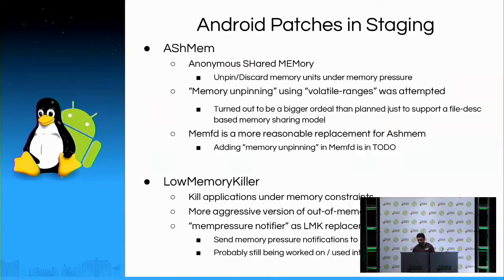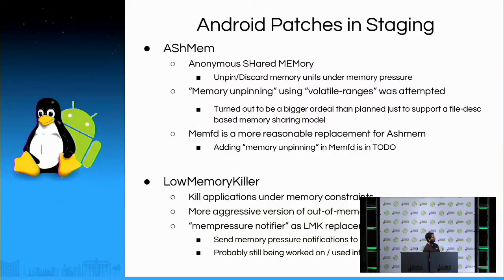So yeah, one of the cool features of ashmem is that it can discard memory units when it comes under memory pressure. So they call it memory unpinning. Now this memory unpinning feature is something which is currently missing from the mainline tree.